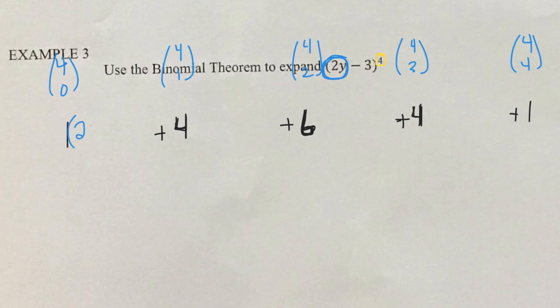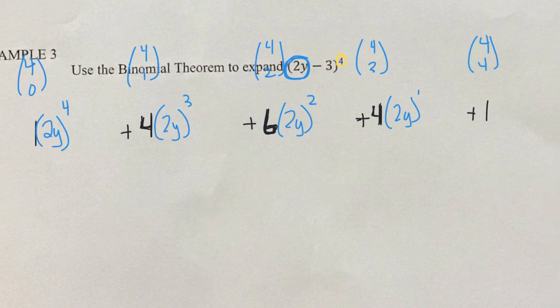So we're going to do 2y and raise it to the 4th power. And then 2y raised to the 3rd power. And then 2y raised to the 2nd power. 2y raised to the 1st power. And then 2y raised to the 0, which we don't ever include the 0 power in our problem.